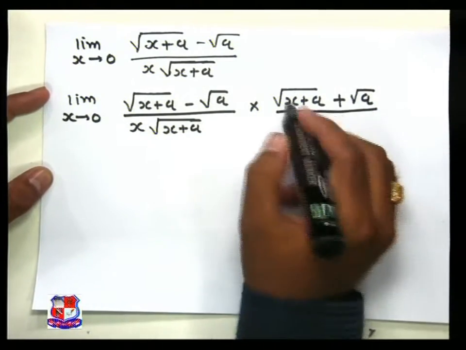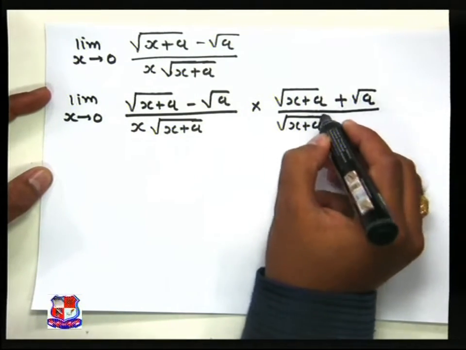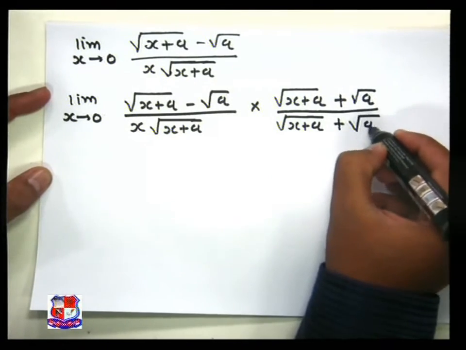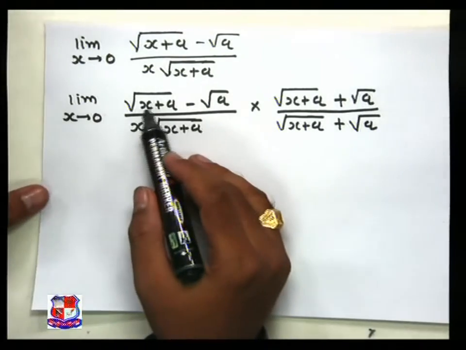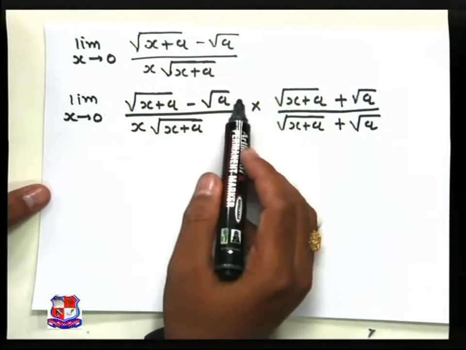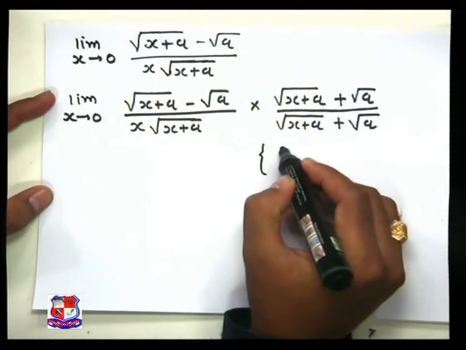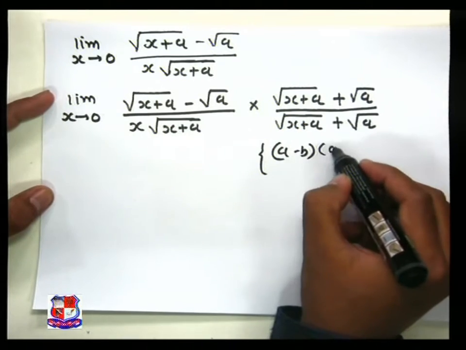Same way this term divide, so here under root of x plus a plus here under root of a. Now look at this figure, under root of x plus a minus under root of a, and here under root of x plus a plus under root of a. So this looks like a minus b again, and this looks like a plus b.